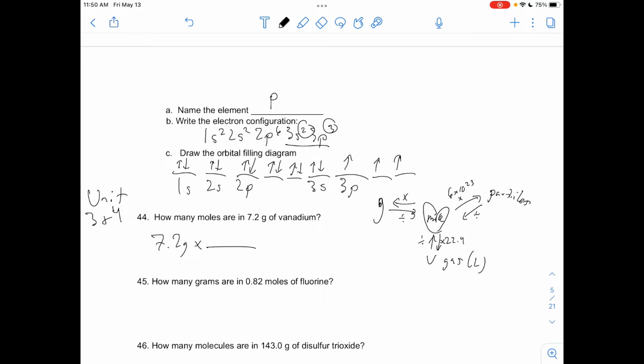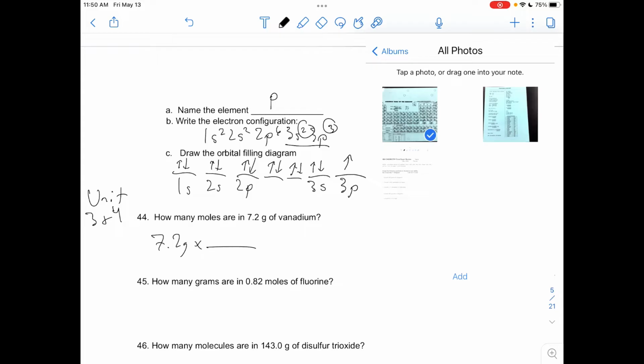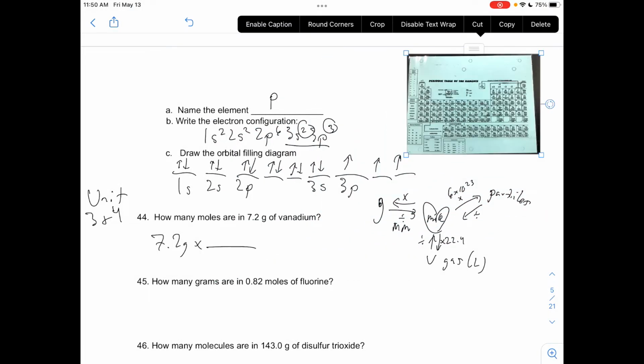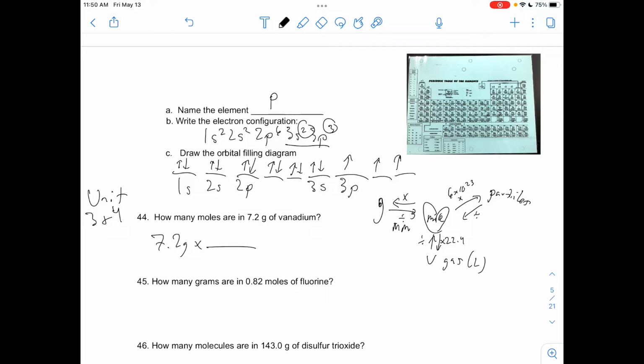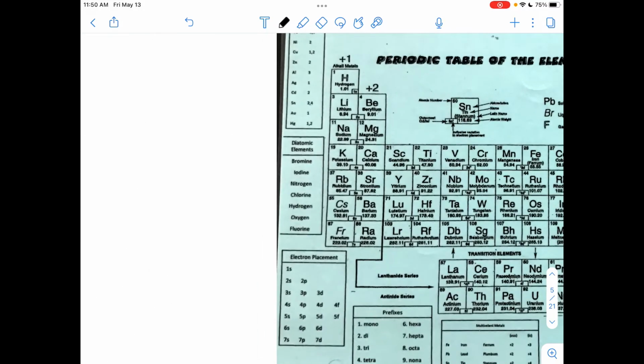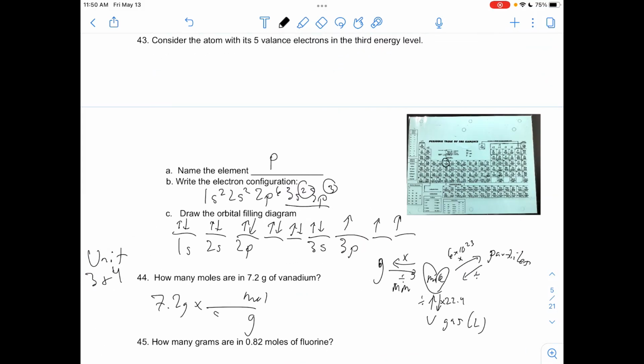To get to moles, I divide by the molar mass, which is on the periodic table. So I'm going to get my periodic table out again. All right, periodic table. And vanadium, so again, it's going to be grams over moles. I'm going to look for grams of vanadium, so 50.94.